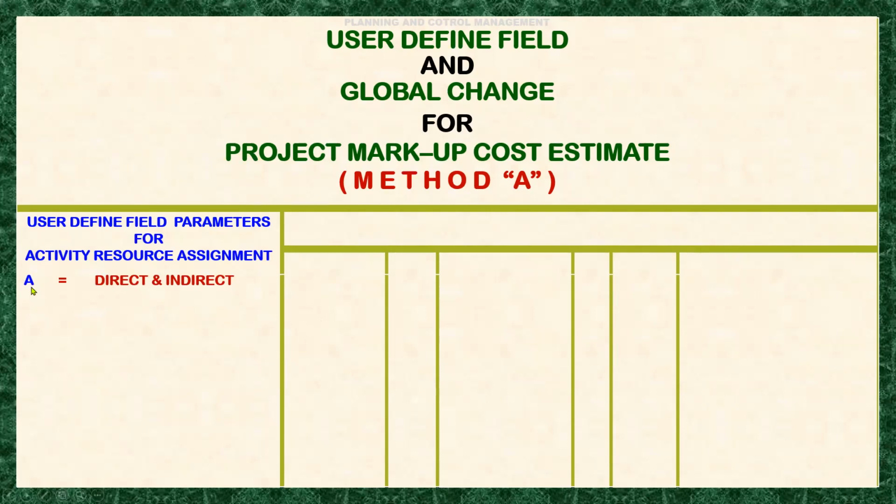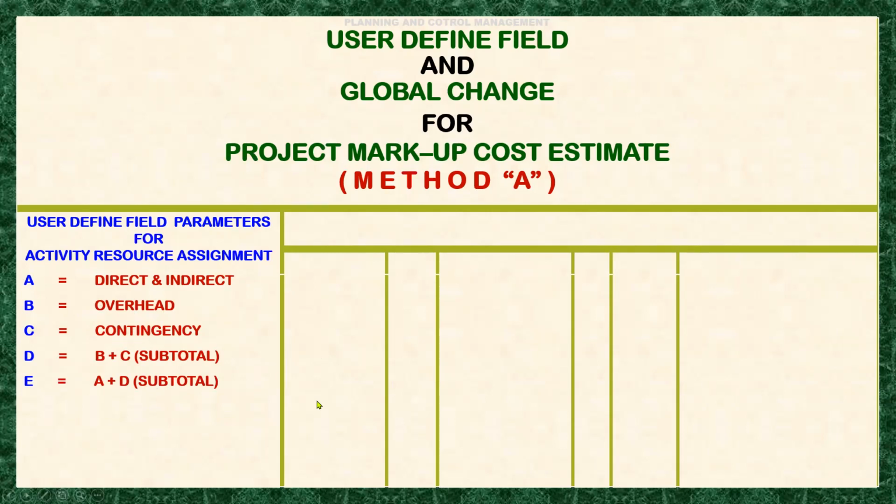A is for direct and indirect cost, B is for the overhead, and C is for the contingency. And we have here D is the subtotal of overhead plus the contingency, and E is the subtotal of the direct and indirect cost plus the subtotal of overhead plus contingency.